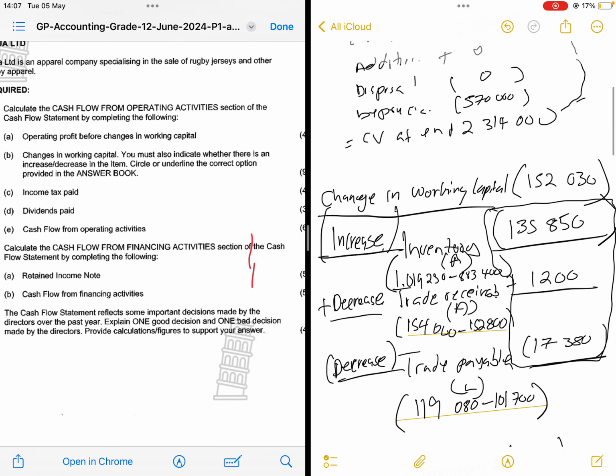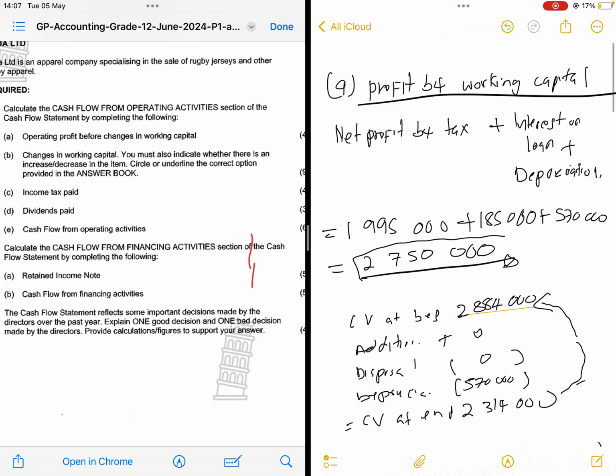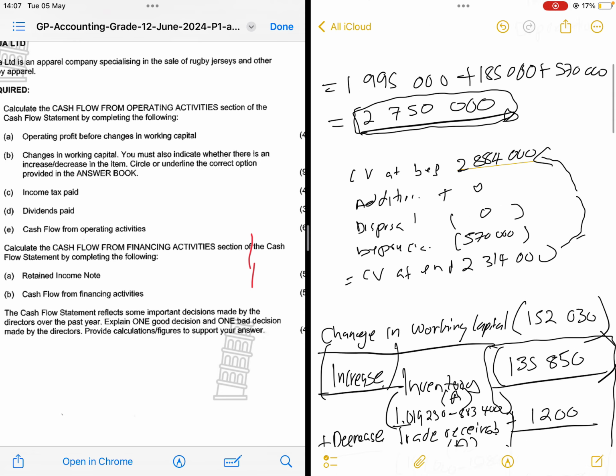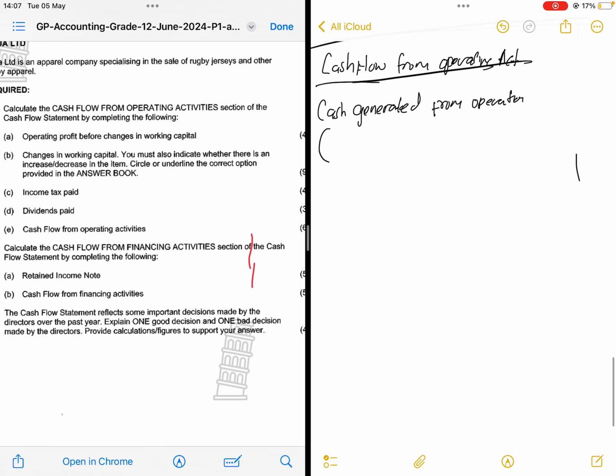I will take the profit before working capital of this guy, which is 2,750,000. Then I have to add the changes in working capital.